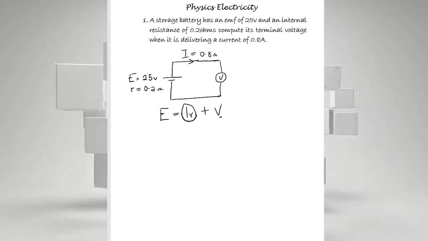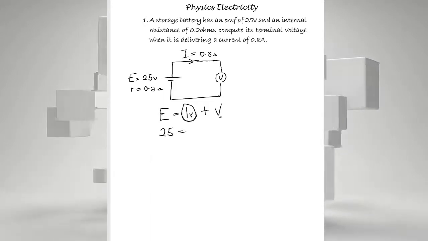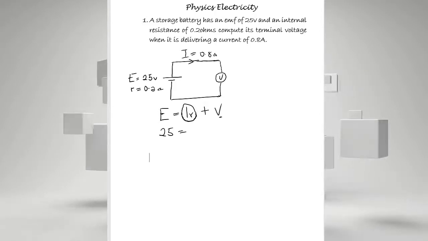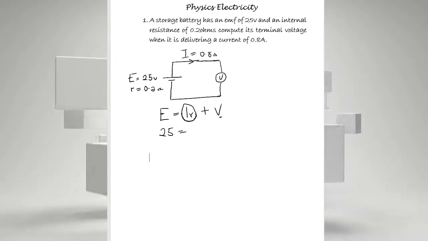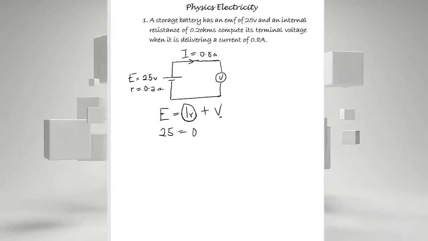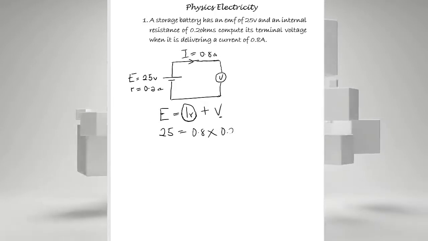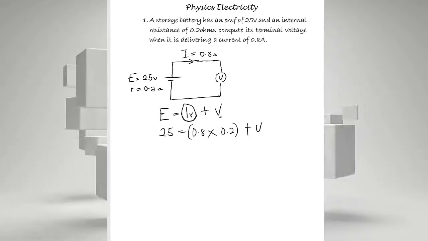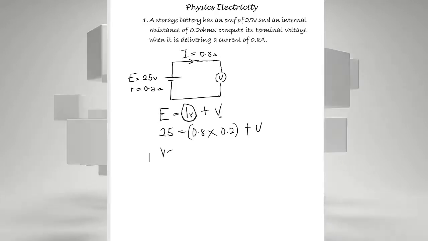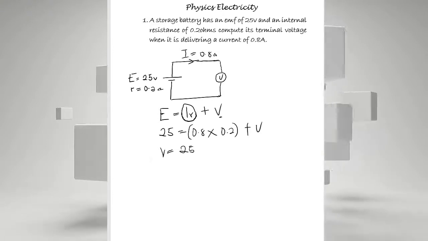Okay, so we have that E is equal to 25 volts, and I is equal to 0.8. So we write 0.8 times 0.2 plus V. So V is equal to 25.